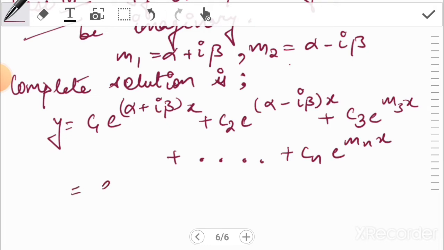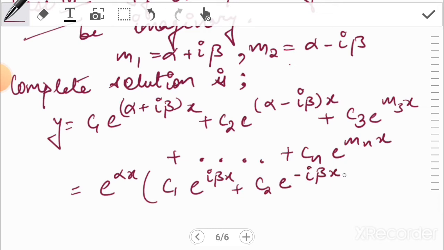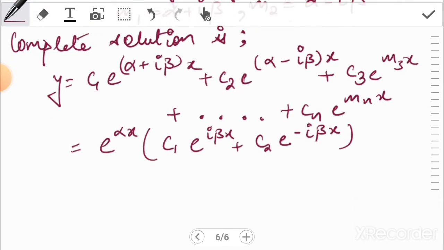Now we can take e raised to the power alpha x as common: c1 e raised to the power i beta x plus c2 e raised to the power minus i beta x, plus c3 e raised to the power m3x, cn e raised to the power mnx.